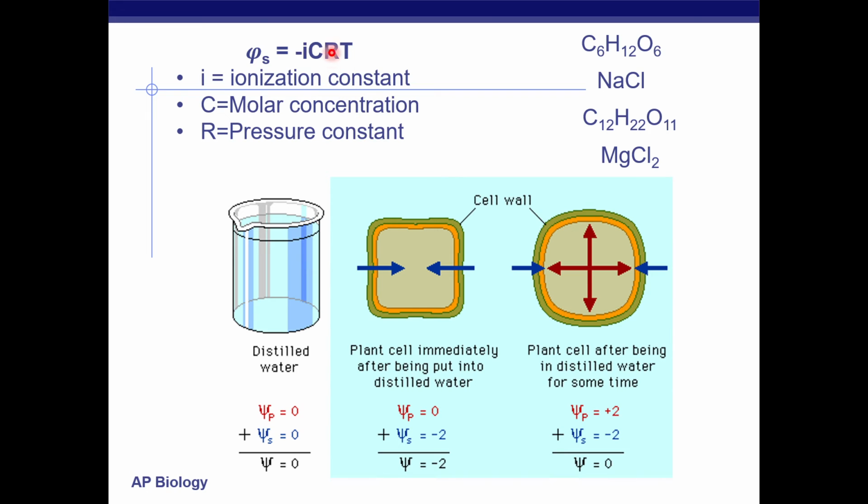So that number that goes in here is always going to be 0.0831. And finally, T represents temperature, but it's temperature in Kelvin. So in order to find temperature in Kelvin, you have to add whatever the temperature in Celsius is plus 273 degrees. So Kelvin temperature is Celsius plus 273.